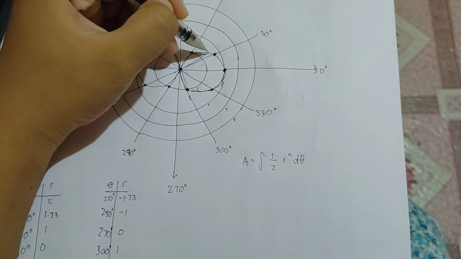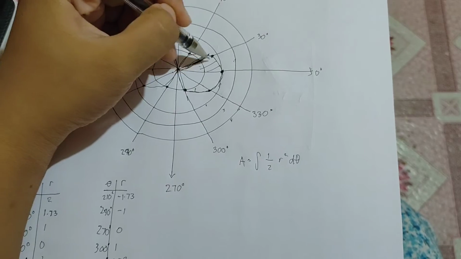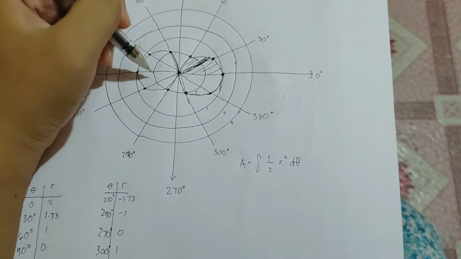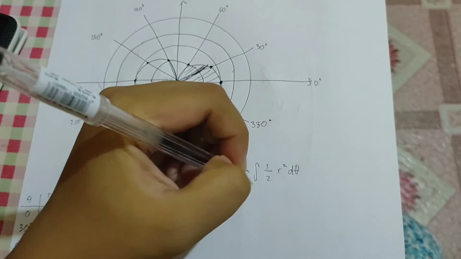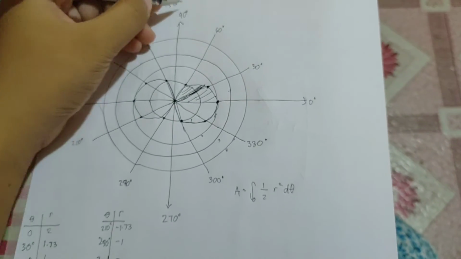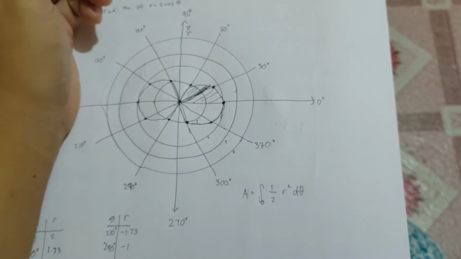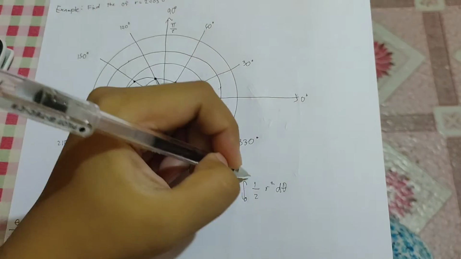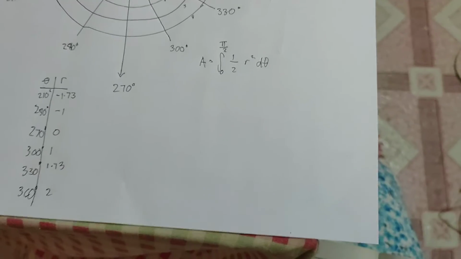So here, this is our horizontal strip. This is our area of interest. So from 0 to 90, which is pi all over 2. That is our limits.